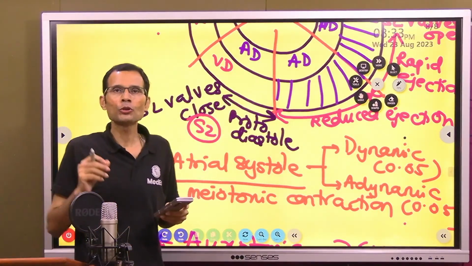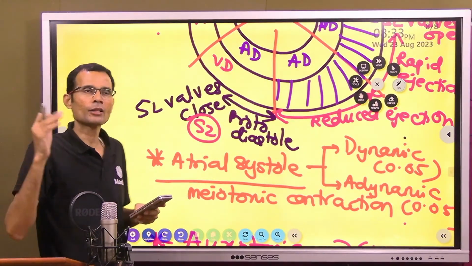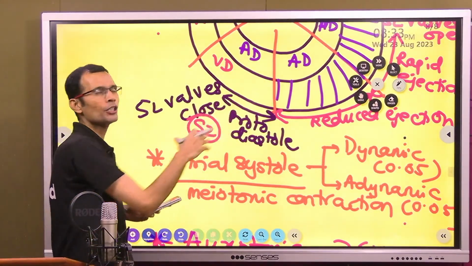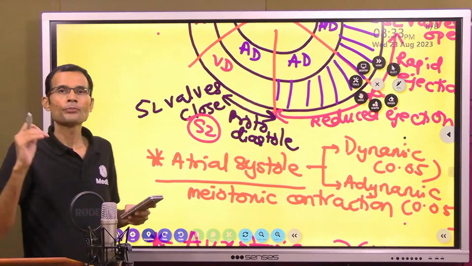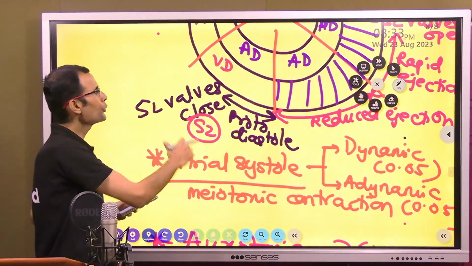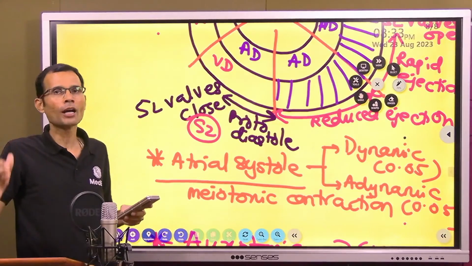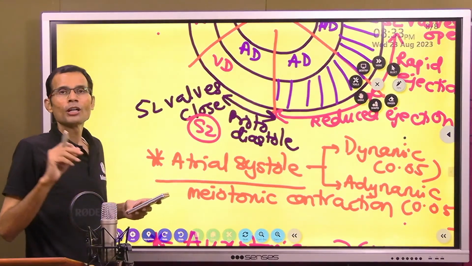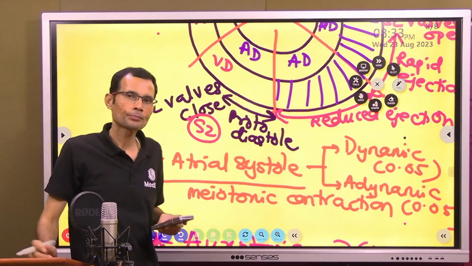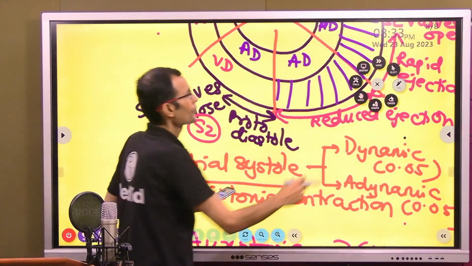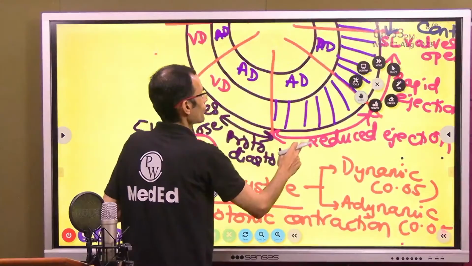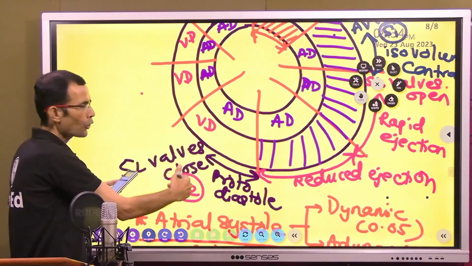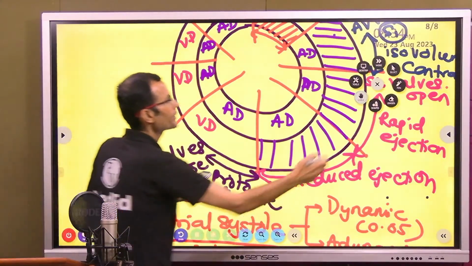Therefore we know two things about the second heart sound: it occurs at the beginning of ventricular diastole, and it occurs due to the closure of the semilunar valves, the aortic and pulmonary valves. Now a clinical punch over here. We'll talk about it in just about 1 minute.